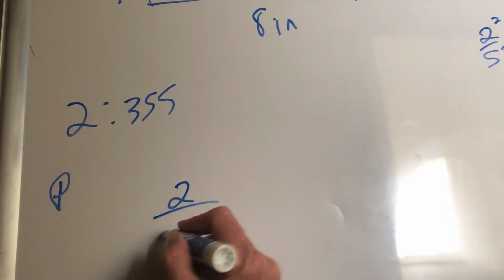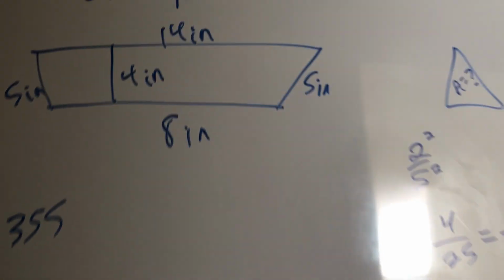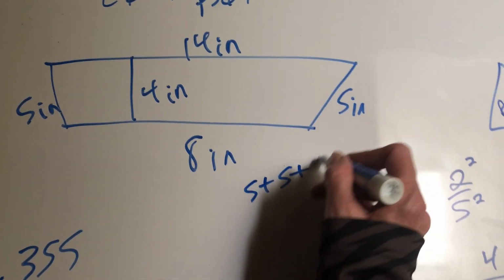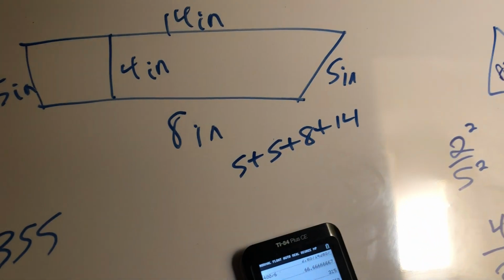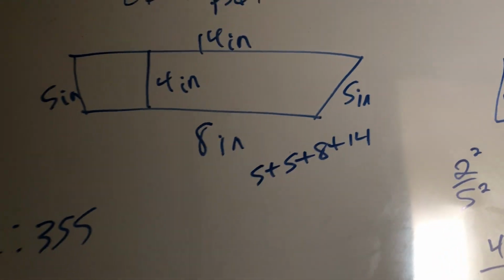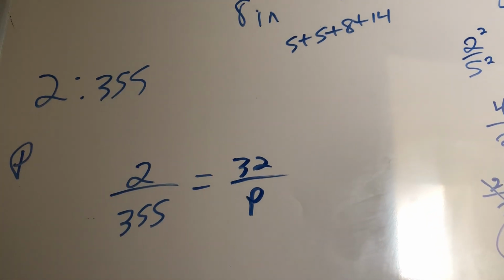So I've got 2 over 355, because perimeter, we just keep the scale factor in our proportion. And then I need to find the perimeter of this trapezoid, which just means I do 5 plus 5 plus 8 plus 14. So that's 10 and 18 plus 14, 32. So 32 is the perimeter of the smaller one. We want the perimeter of the larger one.